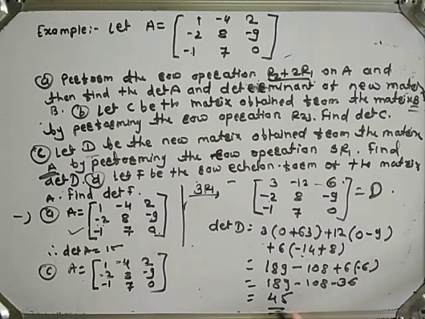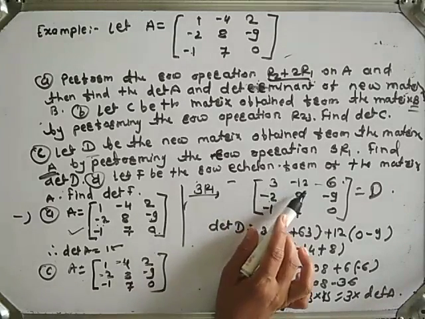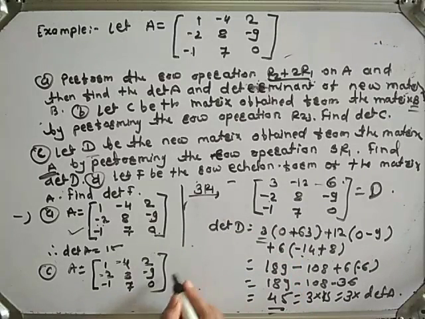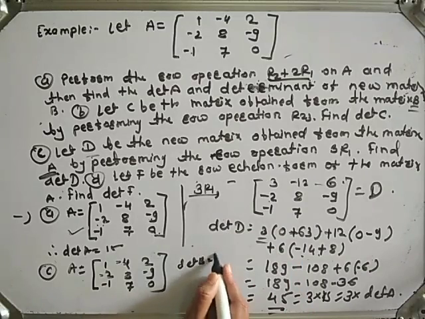Verify this: 45 can be written as 3 into 50, meaning 3 into determinant of A. So if one row of A is multiplied by k, then determinant of D equals k into determinant of A.